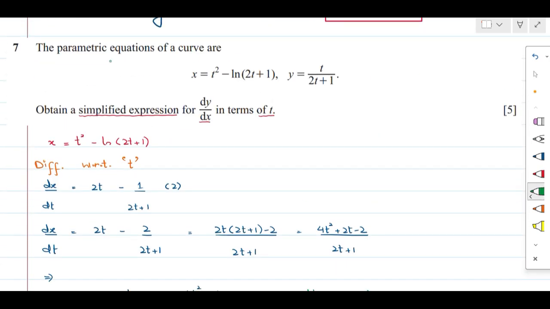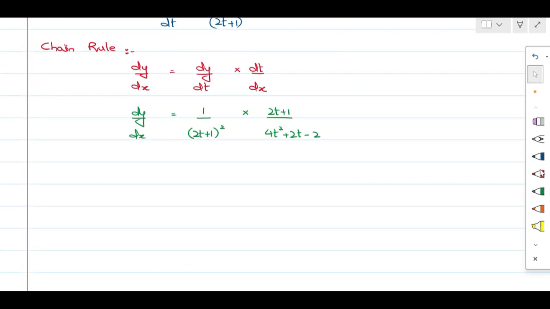As you can see, this expression cancels with one of its powers, because here we have 2t plus 1 twice, so one factor is cancelled out.